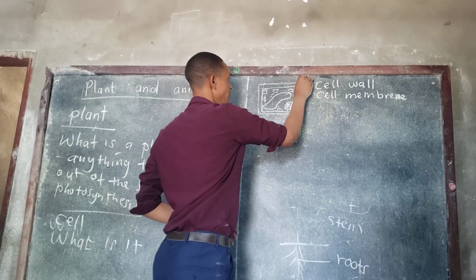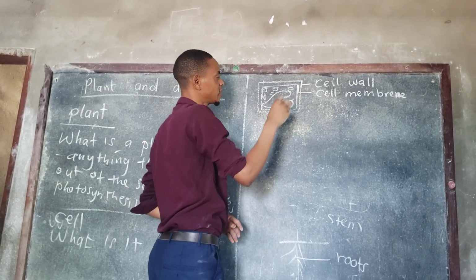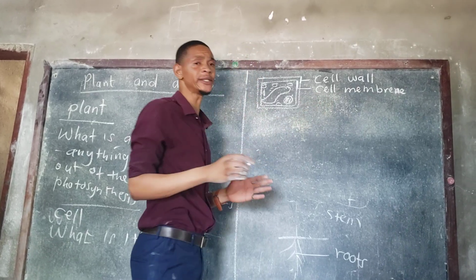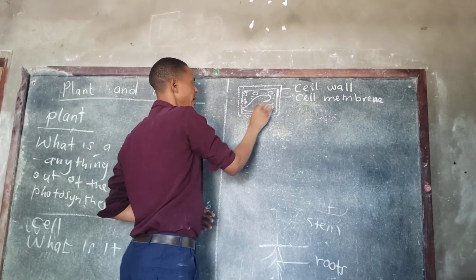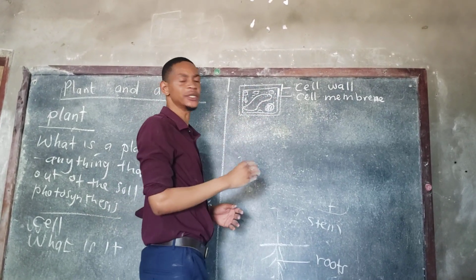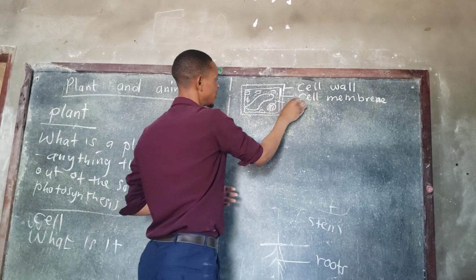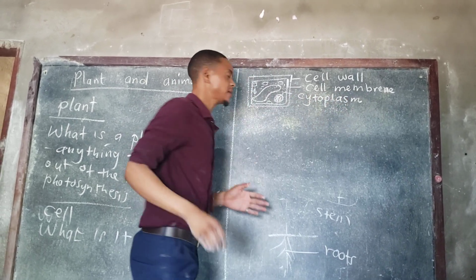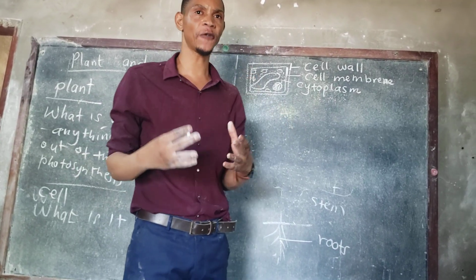So the cell wall, then the cell membrane. The cell membrane is a structure that contains lipids. Then I've got the liquid inside here, and this fluid is known as cytoplasm. Cytoplasm is a gel-like fluid where organelles float.